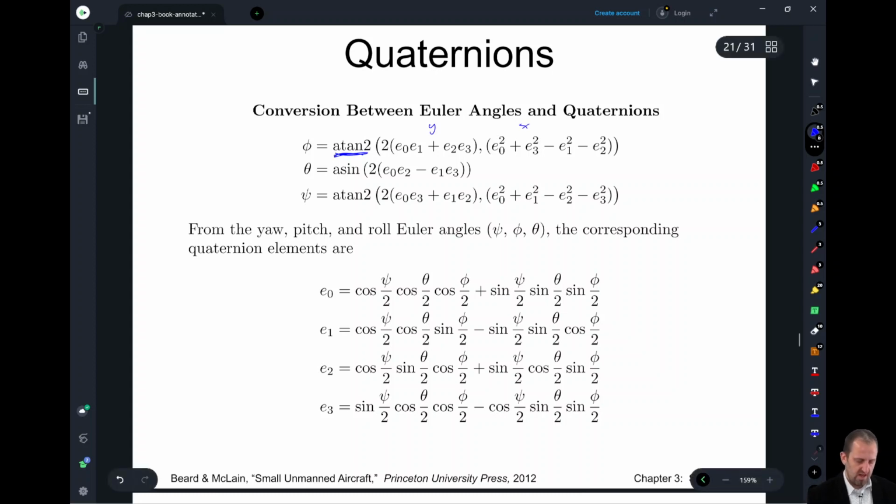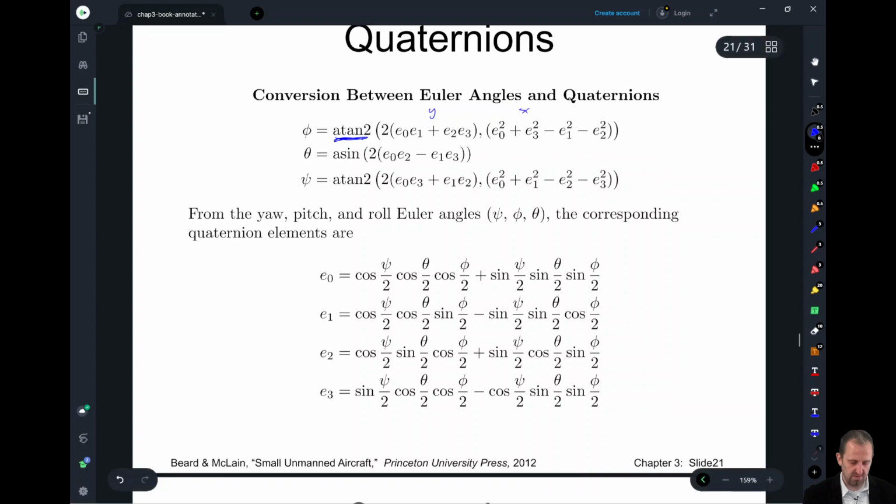Basically it's the 4-quadrant tangent, so that avoids any of the singularities that you get with just taking your arctangent and having something divided by 0 on the bottom.